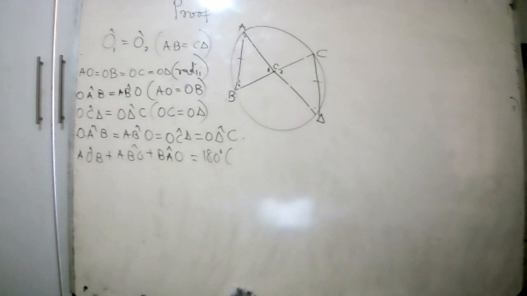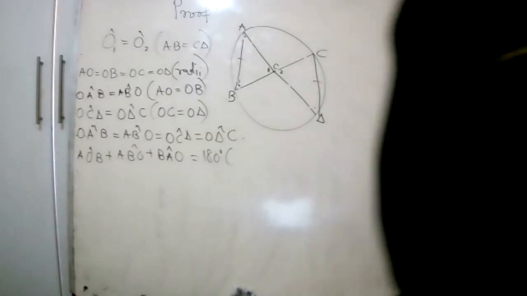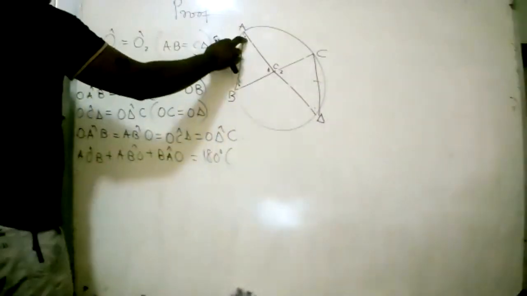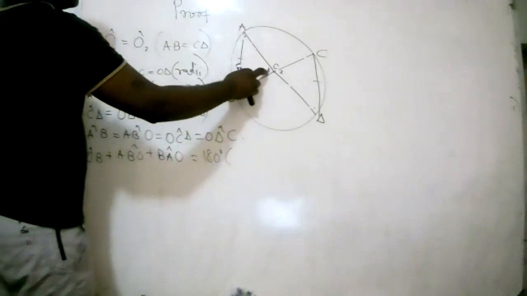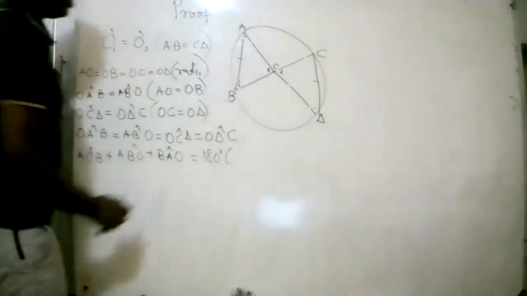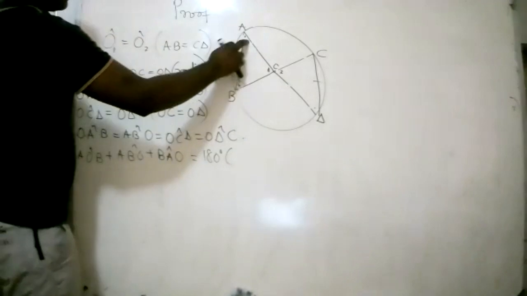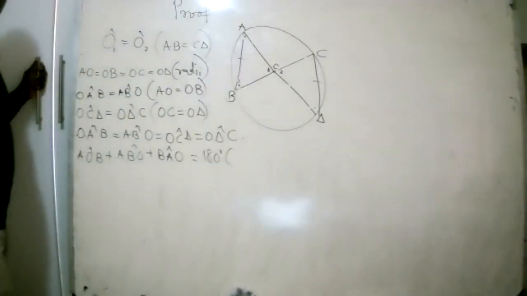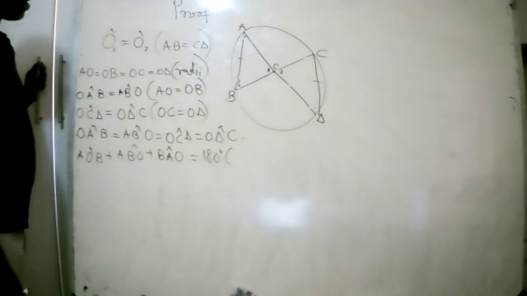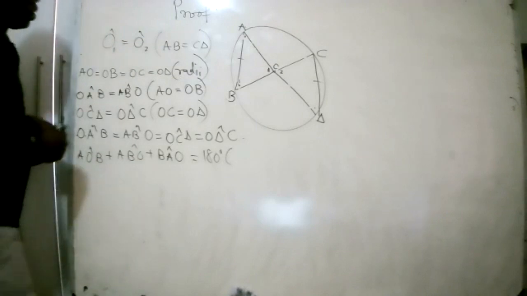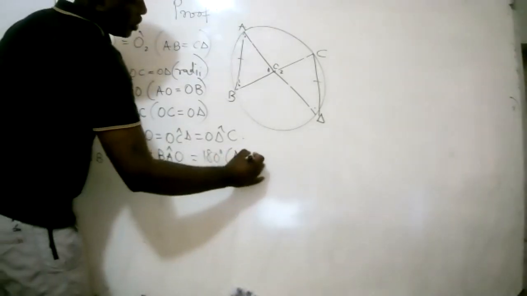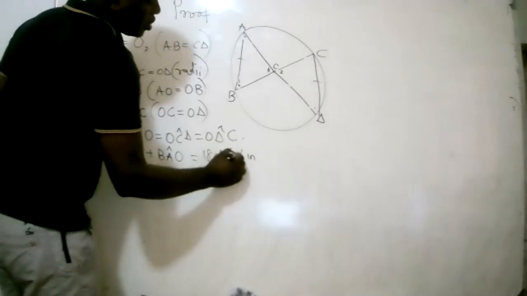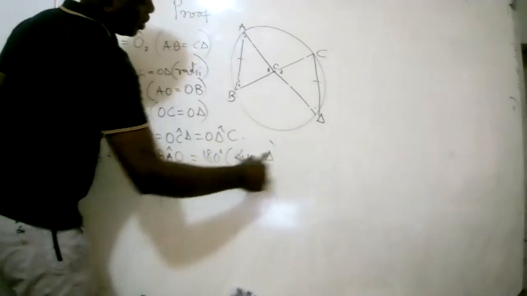Why will these three angles, this angle here, that angle there, and this angle, be equal to 180 degrees? Sum of angles in a triangle. Yes, those are the angles inside the triangle, as simple as that.